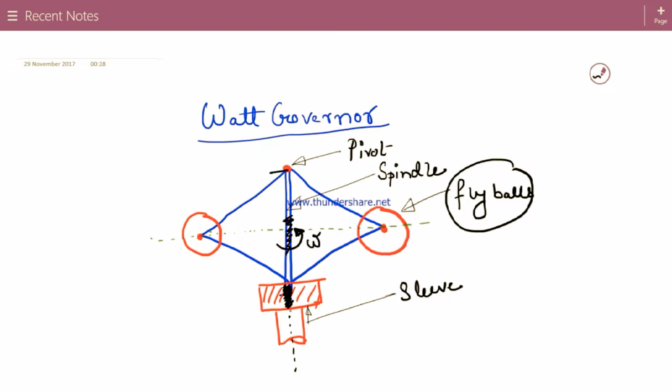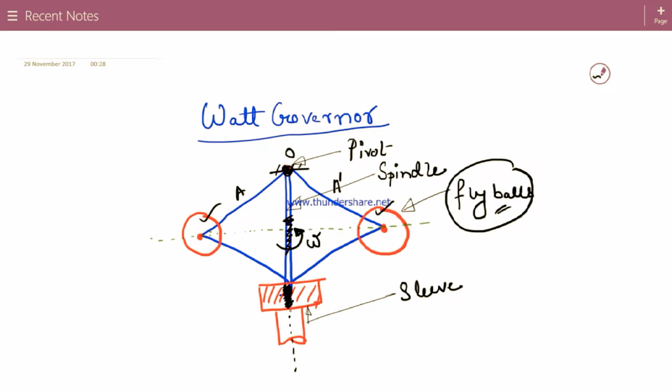This is the arm A and this is the arm A dash. These two are pivoted at this point O, and these two are the fly balls.